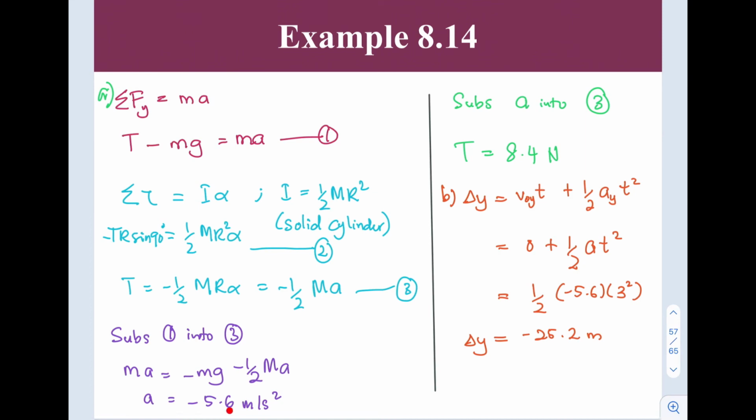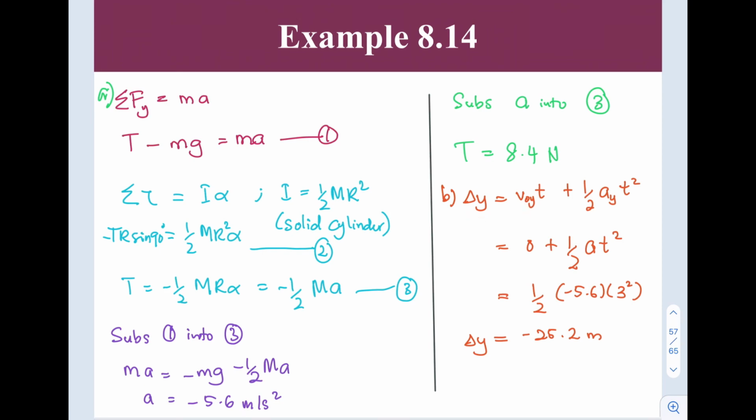Substituting equation 1 into equation 3 gives A equal to negative 5.6 meter per second squared. Once we have A, we can figure out T by substituting the value of A into equation 3, which gives T equal to 8.4 Newton. Part B gives us a time, and the question asks how far the bucket will fall.